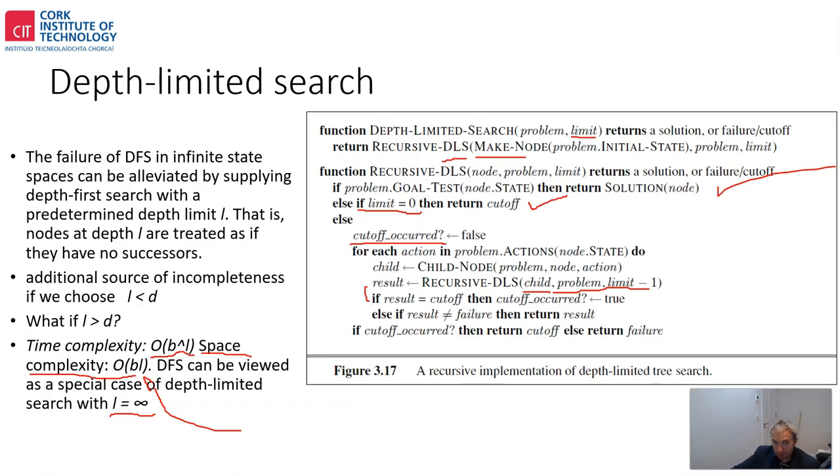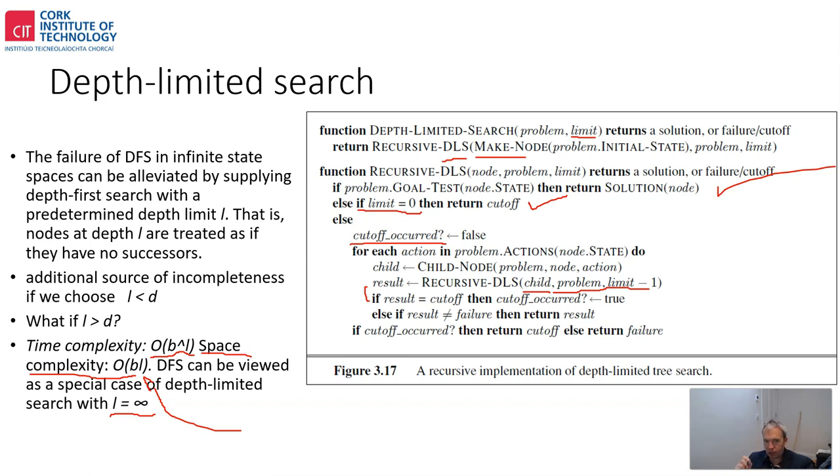Okay, so again, there are some issues with this, where depth limits can be based on knowledge of the problem. We don't always know what D is going to be, and we don't always know what L could be. In the Romania problem, there are 20 cities. So what should the L be in that instance? What's the limit for that? The longest potential path is 19 if we have 20 states. But if you look at the map, you'll see that you can reach any other city from the one we're currently in in at most 9 steps.